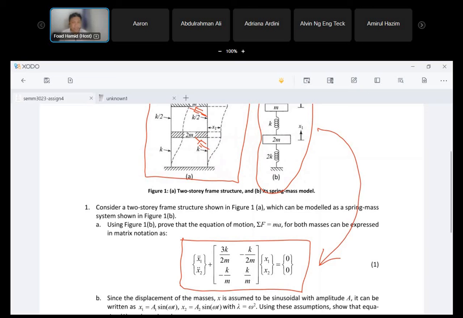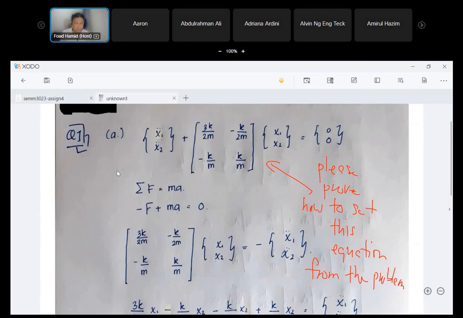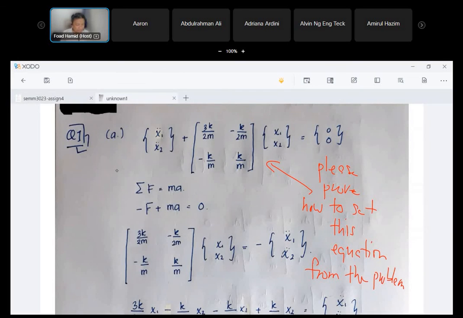But what the student did is prove it the other way around, from here to here, which is what I do not want. I say please prove how to get this equation from the problem, not the other way around.